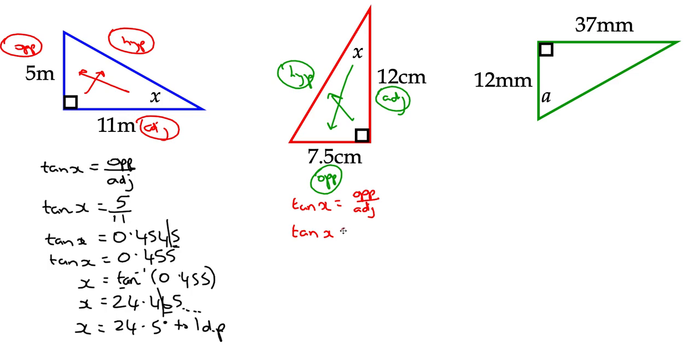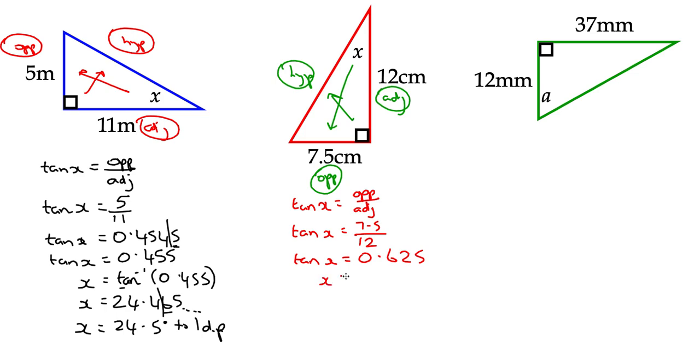We've still got x as our angle. Tan x equals, the opposite is 7.5, adjacent is 12. Take my calculator and work out that 7.5 divided by 12 is 0.625. Okay, it stops there, so I don't have to round it. I can use all of that.